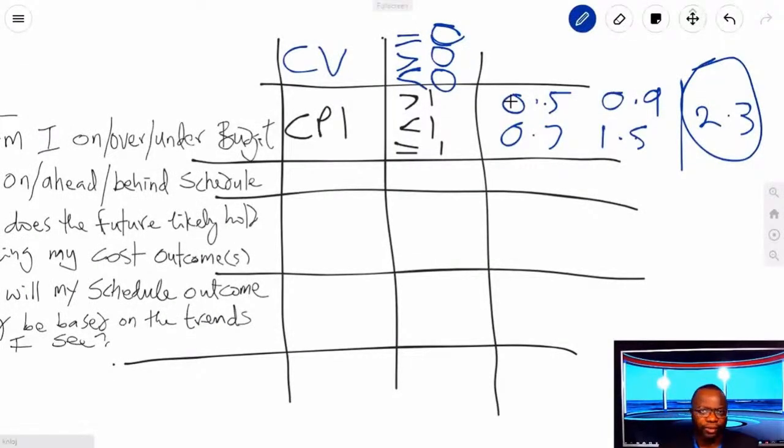Greater than 0, okay, means that you are in good standing, but we need to see how good in relation to the budget. So for example, if your CV equals $1, that means you are $1 under budget. That means you've done work and you've got $1 spare money.